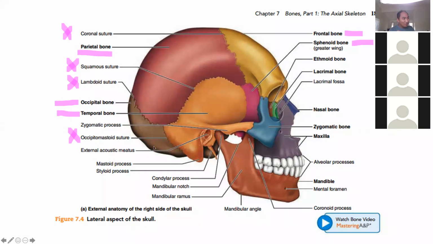So if you follow this external acoustic meatus, if we remove our ear cartilage and the bone, and follow the bones inside the cranium, that will lead to the very thick, dense bone going into the cranium. That is what we call the petrous temporal bone. Petrous is a Latin word meaning hard and thick, and the bone is really hard and thick.